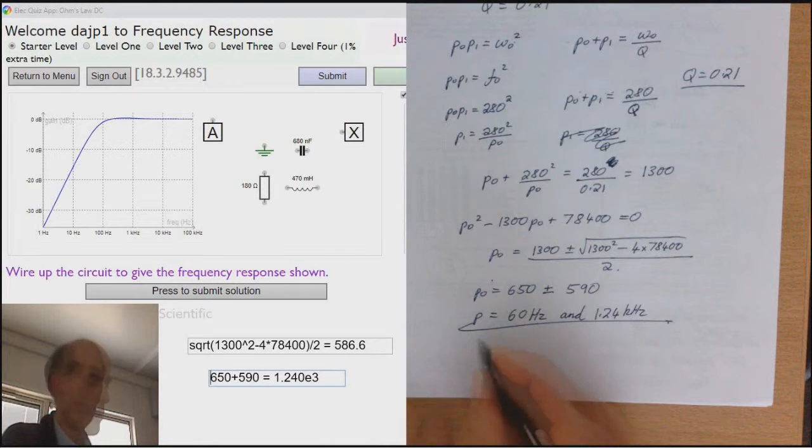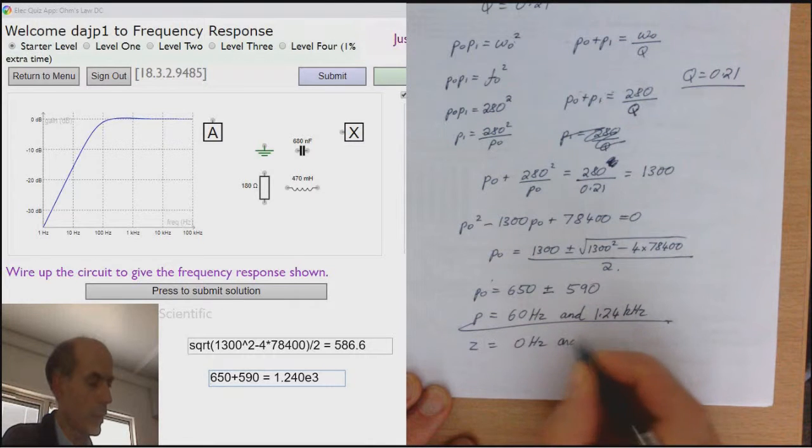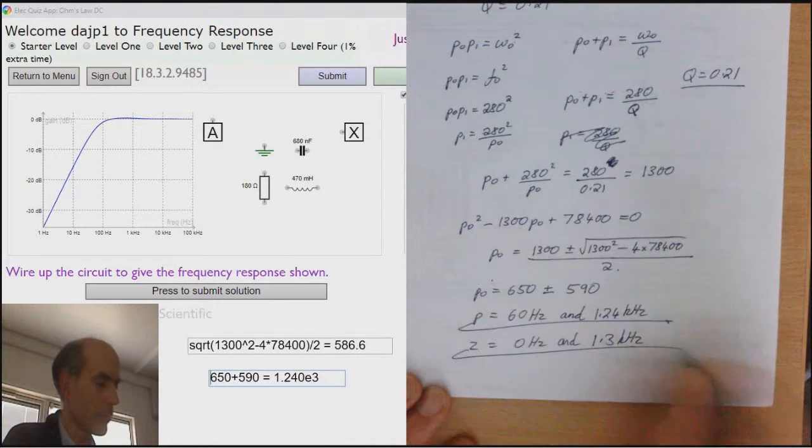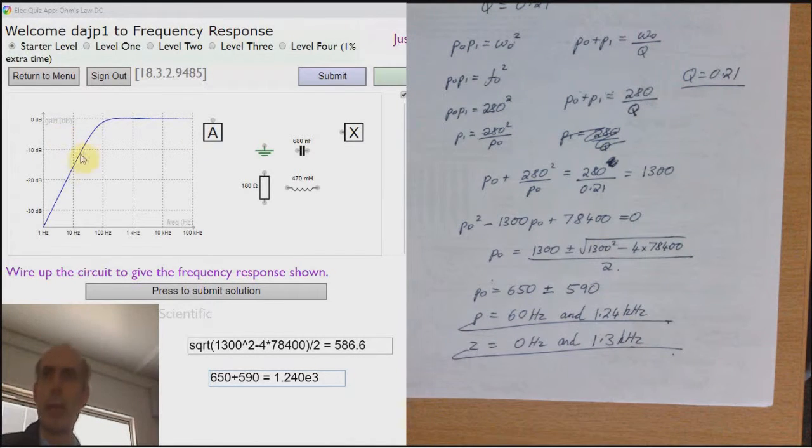And remember that we have a 0 at 0 hertz, and we worked out we also had a 0 at 1.3 kilohertz. Right, back to have a look at this. Does this look like a system that has a 0 at 0 hertz, a pole at around 60 hertz, around here, and then a pole and a 0, both around 1.3, 1.24 kilohertz, which will be almost cancelling each other out because they're starting to operate at about the same frequency?